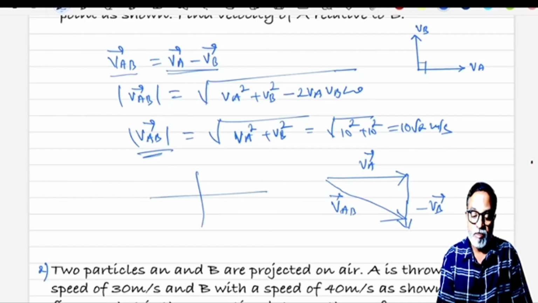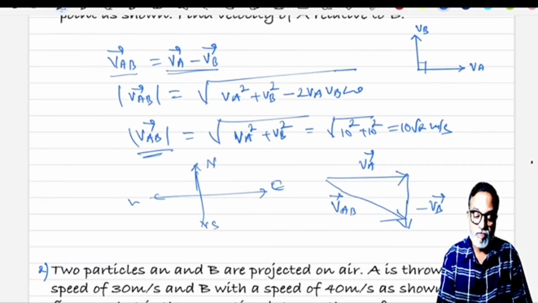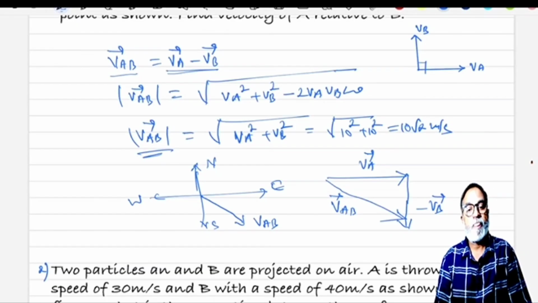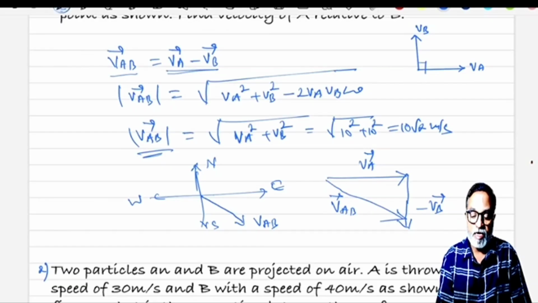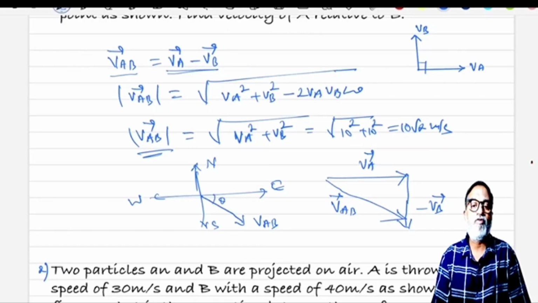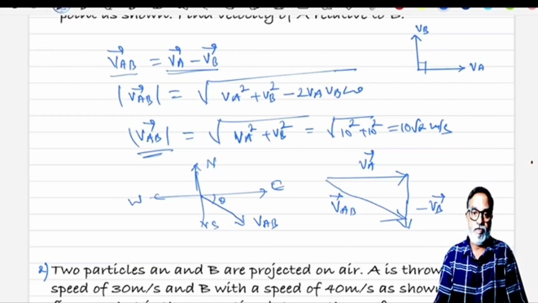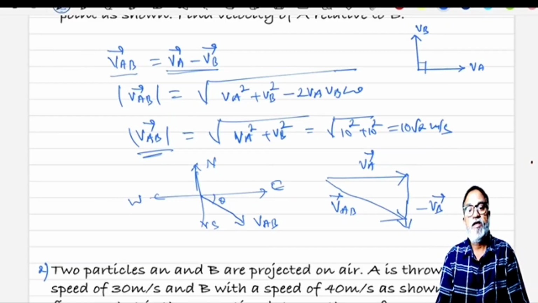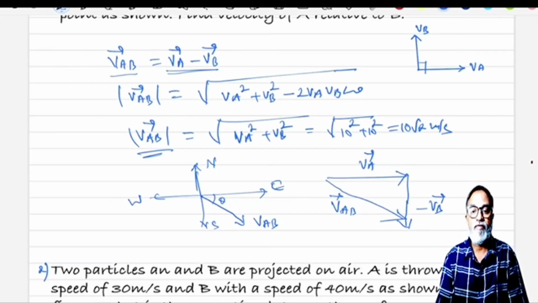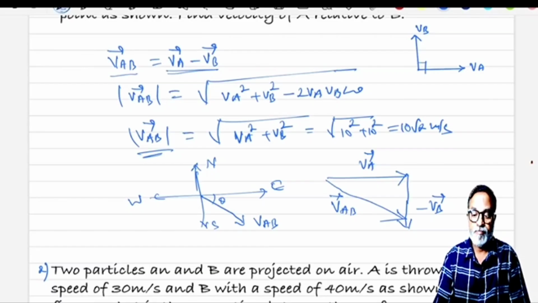For example, this is east and this one is north, here is south, and this one is west. Then its direction can be found out as the angle made with the horizontal, or also we can find the angle with the vertical. This is the direction of the velocity of one vector with respect to another.